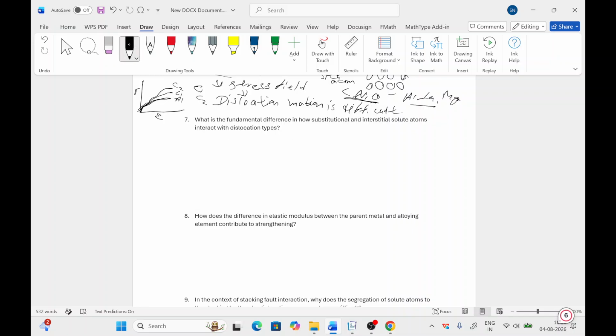So substitutional and interstitial solute atoms with dislocation types. Substitutional atoms means they displace the solvent atom. So this is the dislocation structure.